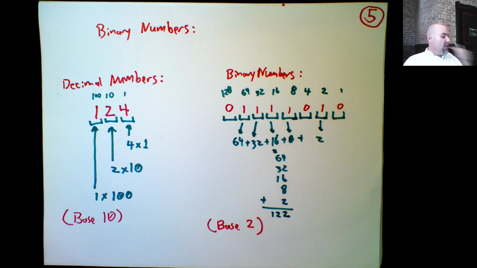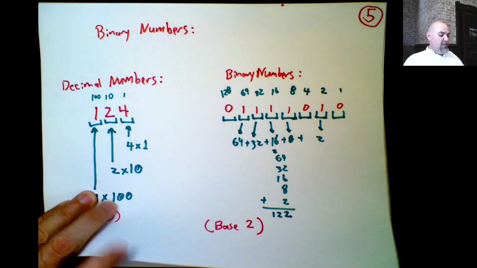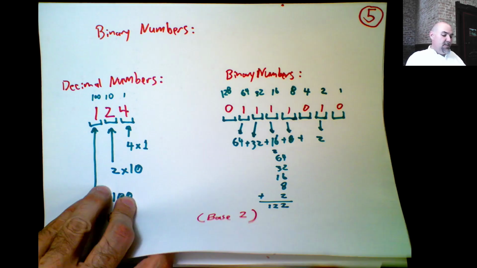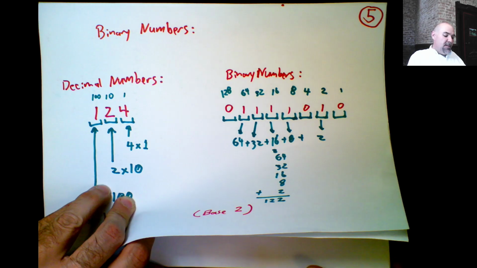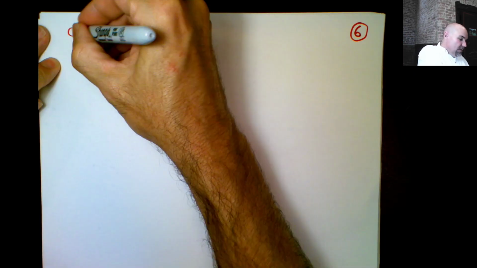All right, so a quick thing to note here is how do we convert from binary to decimal? Well, we just did it there, but let's look at that a little more carefully here. So we're going to kind of finish up on this example.